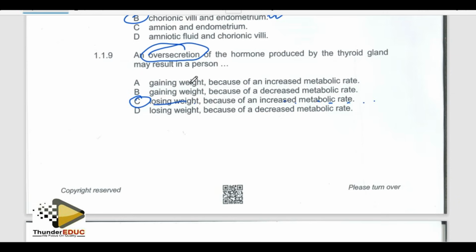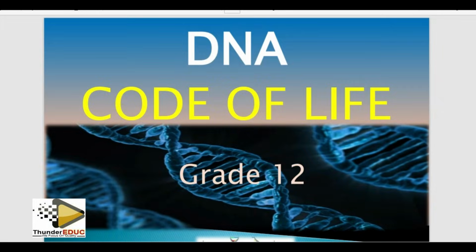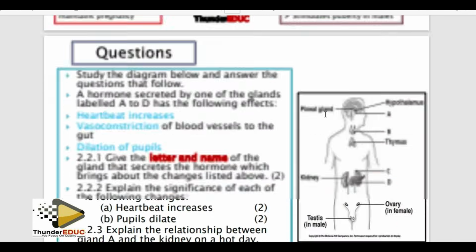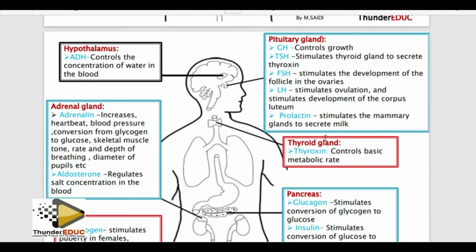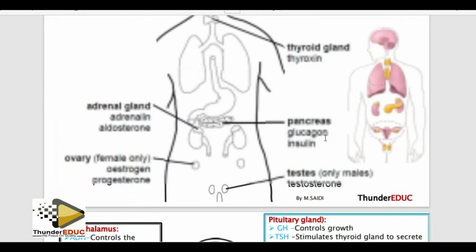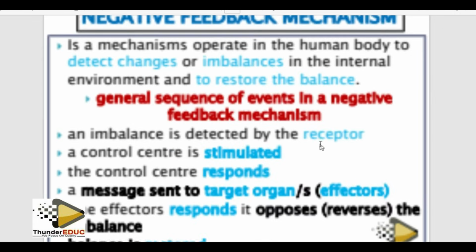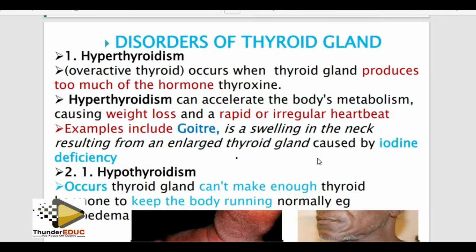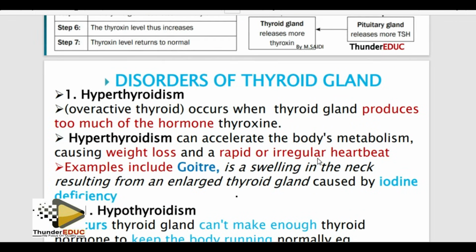So I'm going to show you on our distinction material book. There you'll find it at the end. Yes, you'll find it here. Thyroxine is here, disorder, which we call hyperthyroidism.